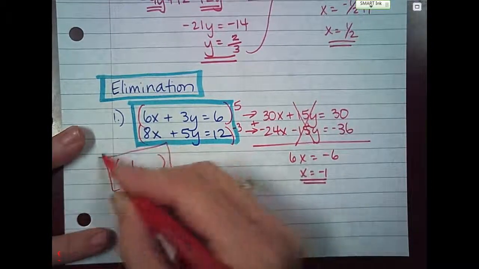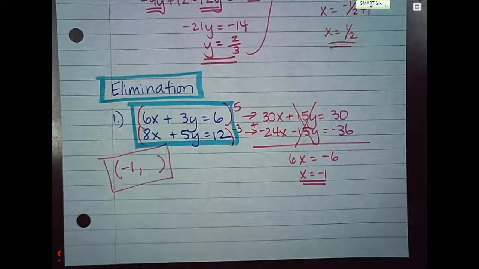Now, put your pencil down, listen to this sentence. In substitution, you always had to substitute into the second line, right? You solved for a variable and put it in the second one, or the other one. Here, x is negative 1. It does not matter where I put it, into this line, this one, or the last.